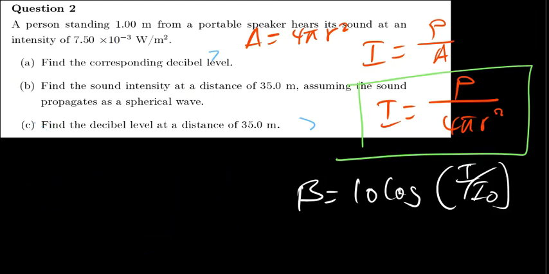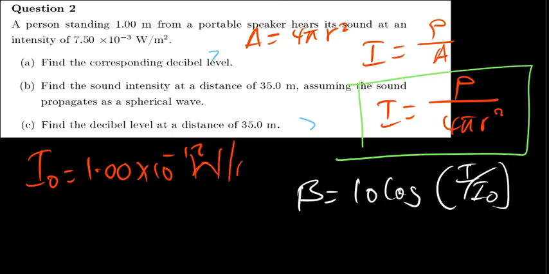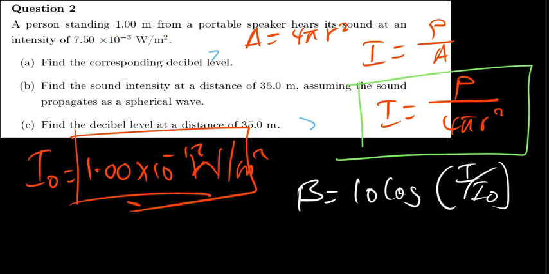I0 is always 1.00 times 10 to the power negative 12 watts per square meter. That is the hearing threshold. You can only hear a sound which has an intensity of 1.0 times 10 to the power negative 12. So that's the basic idea behind the spherical wave.